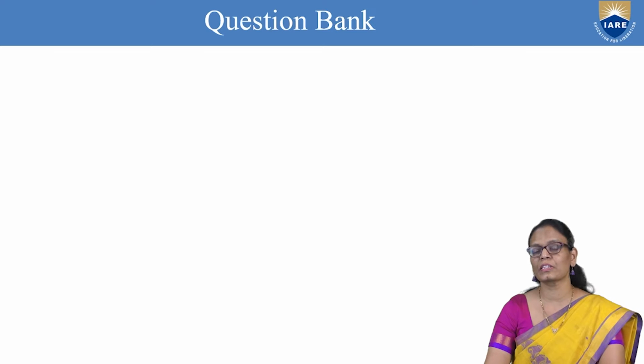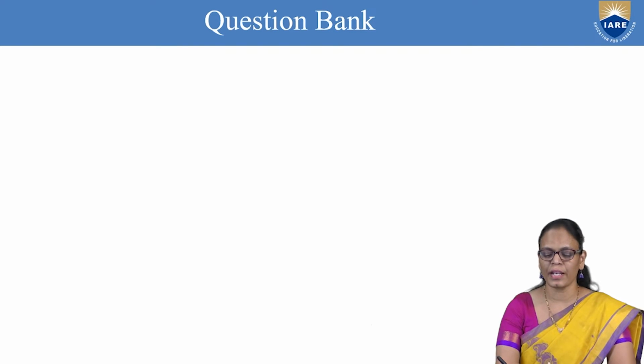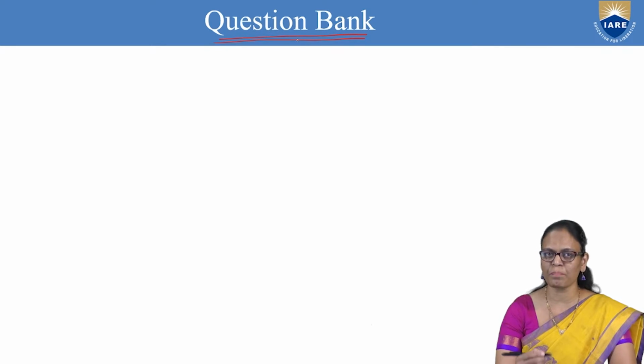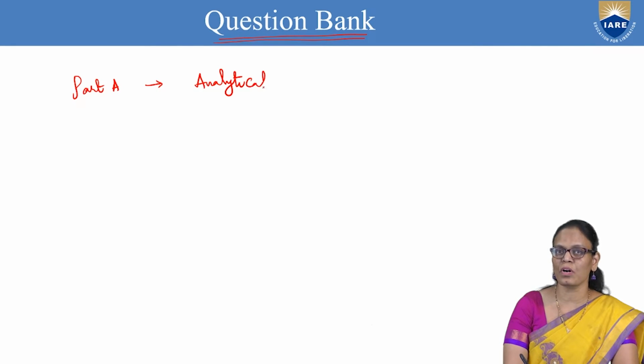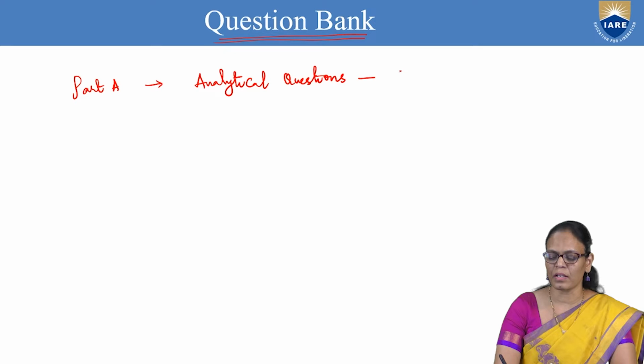Now, with this clarity in mind, let us go on and discuss the question bank. In the question bank also, we have kept 3 parts. Part A consists of analytical questions, which are 10 in number.